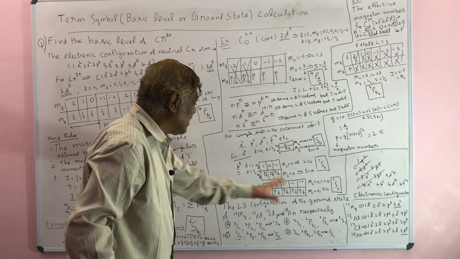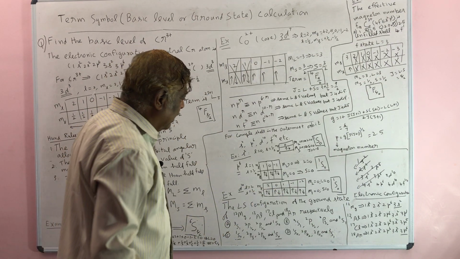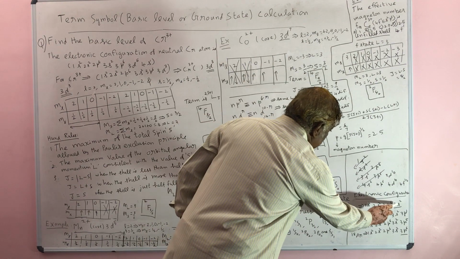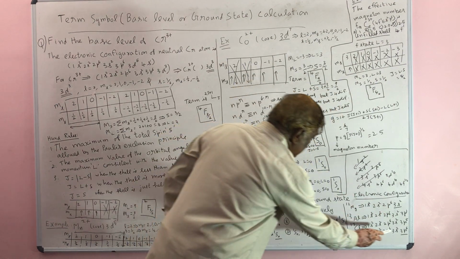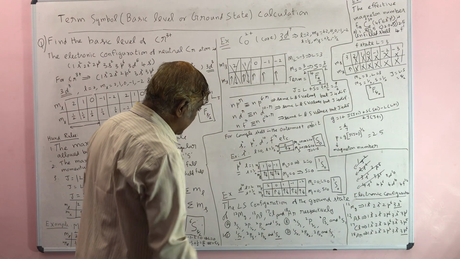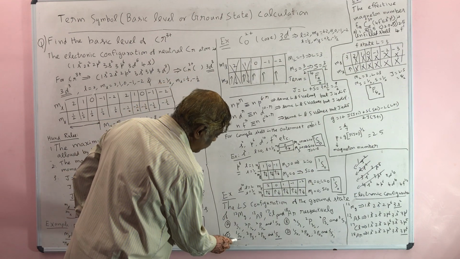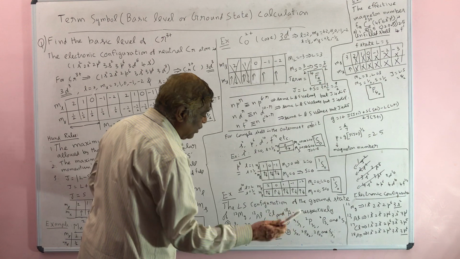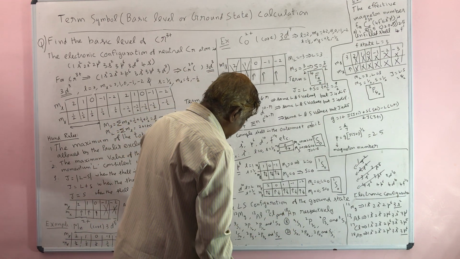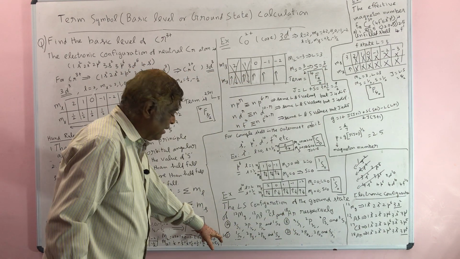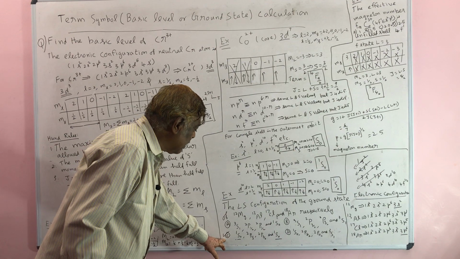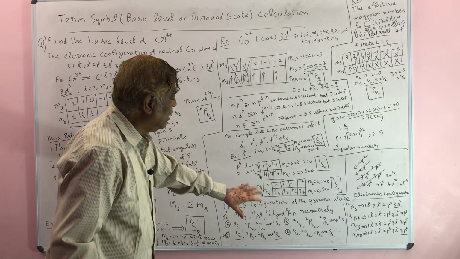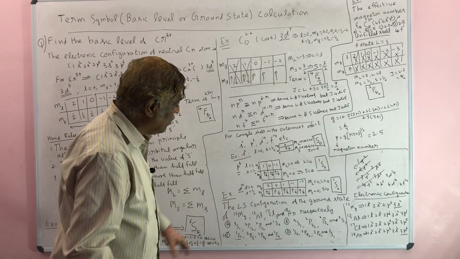If the option is given like this, then this must be 1s0 and this must be 1s0. From this, just by inspection, you can see this is 1s0, this is 1s0. For all the other things, the two extremes are not 1s0. So you can easily take this one. You can choose this as your correct answer without doing any tables and without doing any calculation.